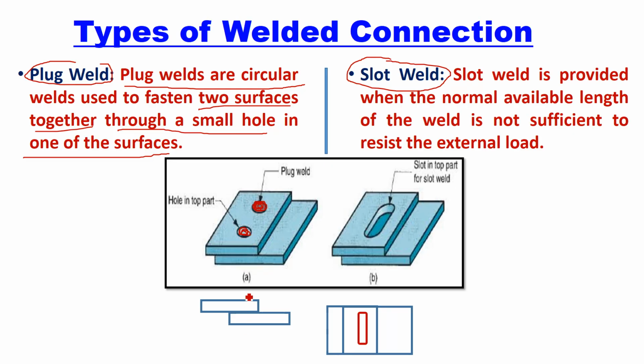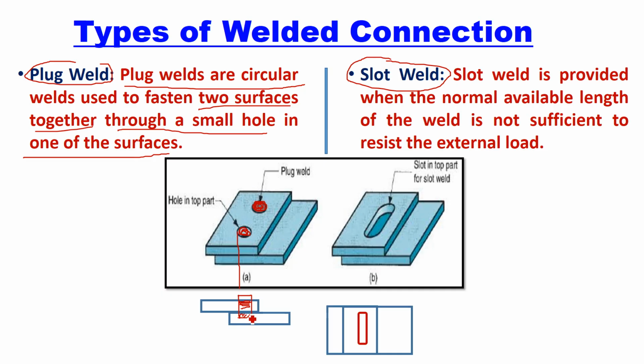If you look at this top view, this sectional view, if you provide a hole here like this, the first plate has a complete hole and the second plate has a partial hole.